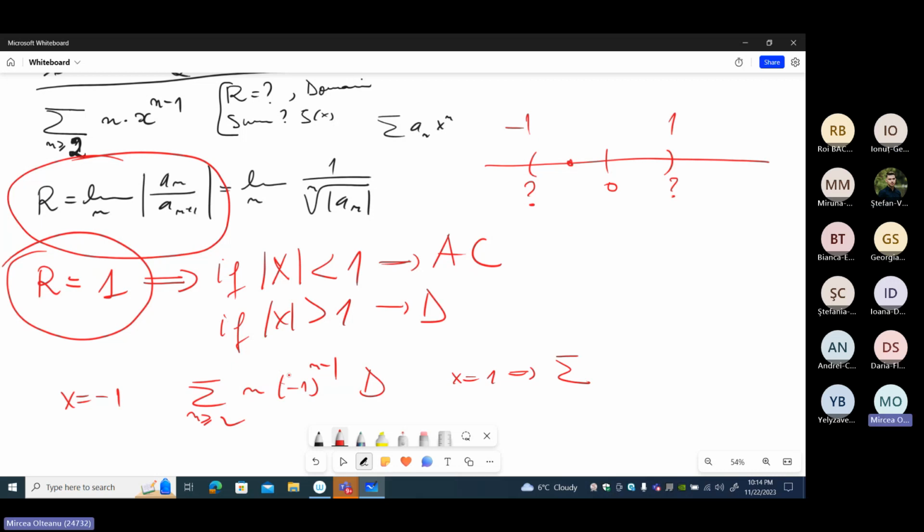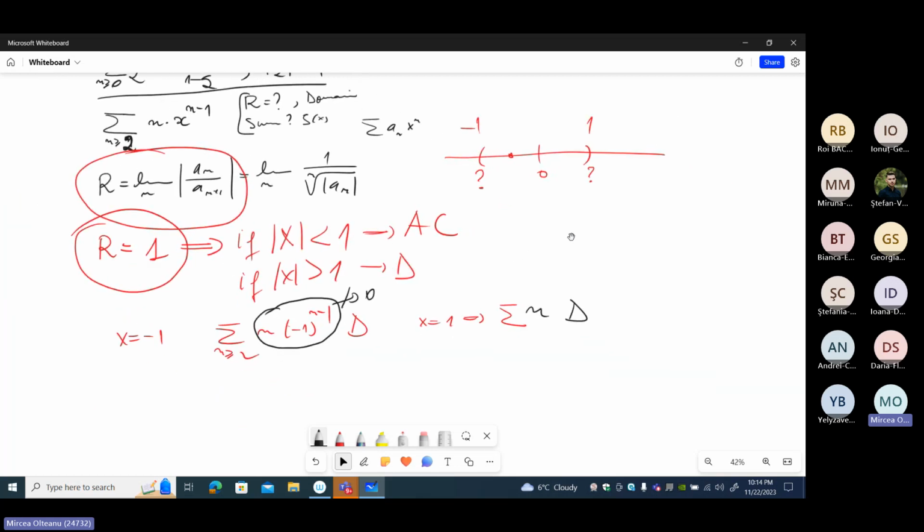Tell me a test. Because of the necessary test. The necessary test says if this term doesn't tend to 0, and it doesn't, then the series is divergent. Very well. When x equals 1, we get the sum of n, which is obviously divergent because of the necessary test. So finally, we found the domain of convergence. It is the open interval (-1, 1).